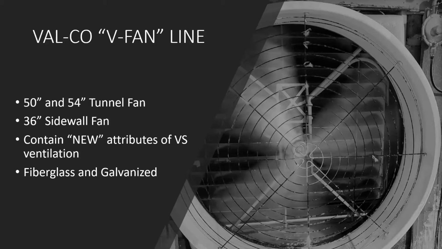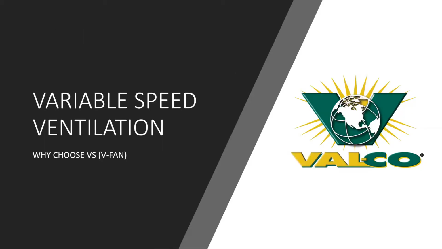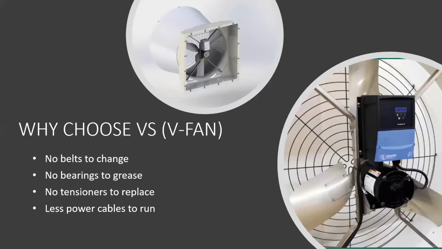So why choose a VFan, or why choose variable speed ventilation versus your typical on-off fan type ventilation? For starters, the first thing I think about is, with this being a direct drive fan, you can already have less maintenance and repair cost, because you don't have to change out belts every year.